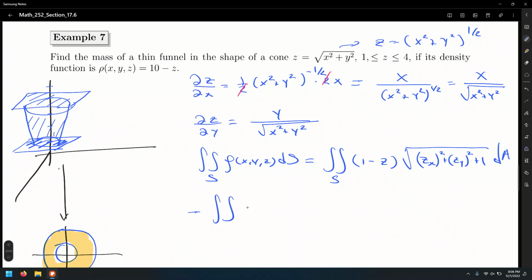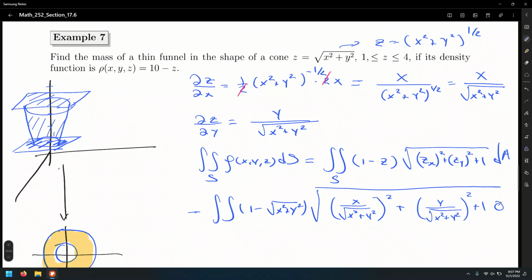So that's the double integral of 1 minus the square root of x squared plus y squared, times the square root of x over the square root of x squared plus y squared, quantity squared, plus y over the square root of x squared plus y squared, quantity squared, plus 1, and let me call it dA, because we're going to iterate this in a different way.